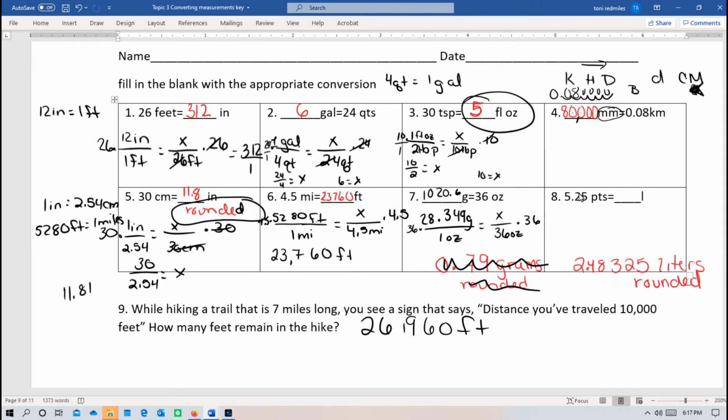All right, so our conversion is that 1 pint, oh, I want to put liters on the top, so never mind. 0.473 liters over 1 pint is equal to x over 5.25 pints. Got to multiply both sides by 5.25.